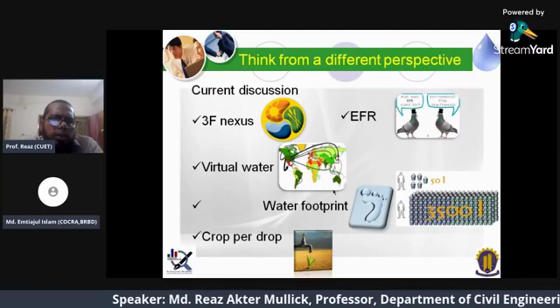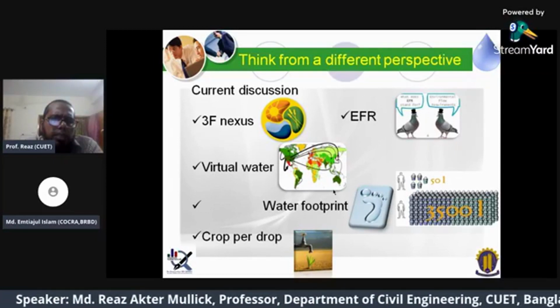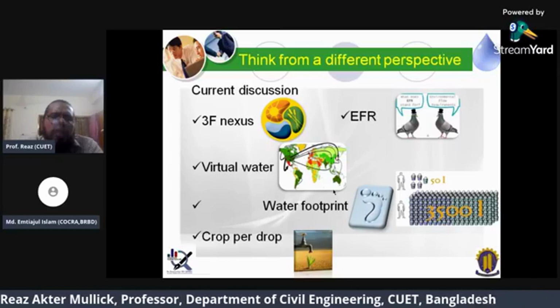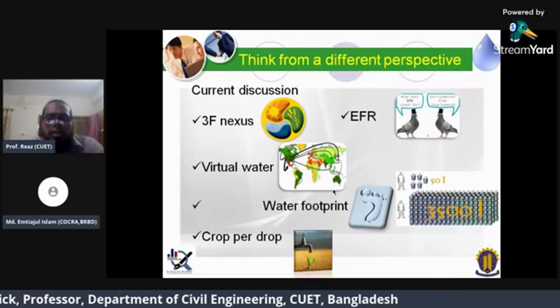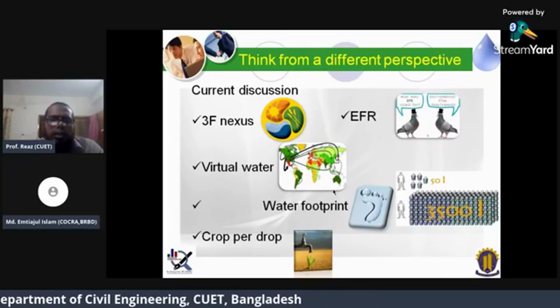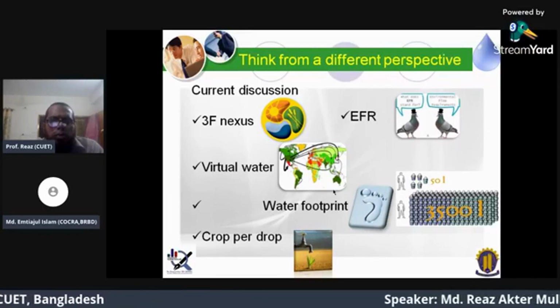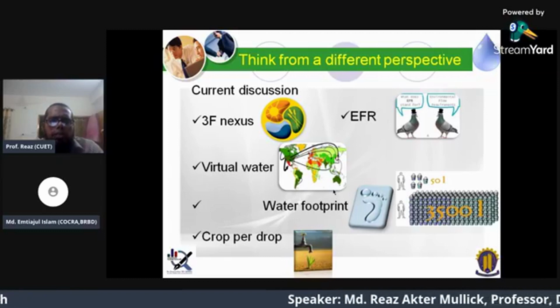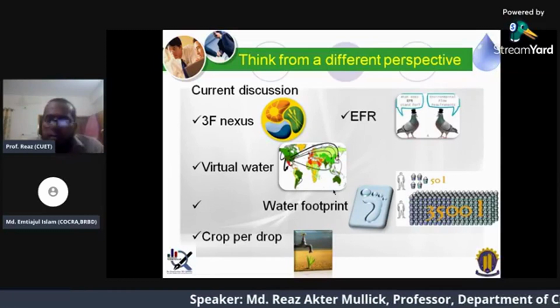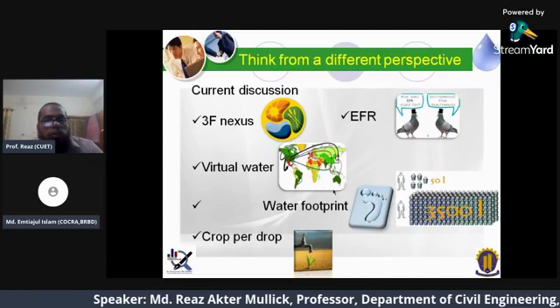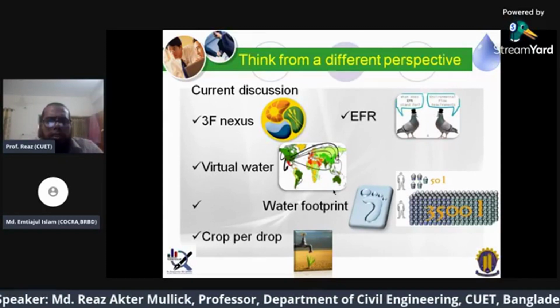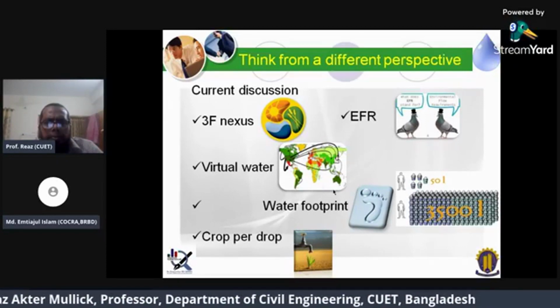Virtual water is a concept of trade or business, international trade, where one commodity exported from one country to another will be counted not only with dollars but also with water. It is not actually valued by dollars, but valued with water, and how much water is exported from one country to another country.